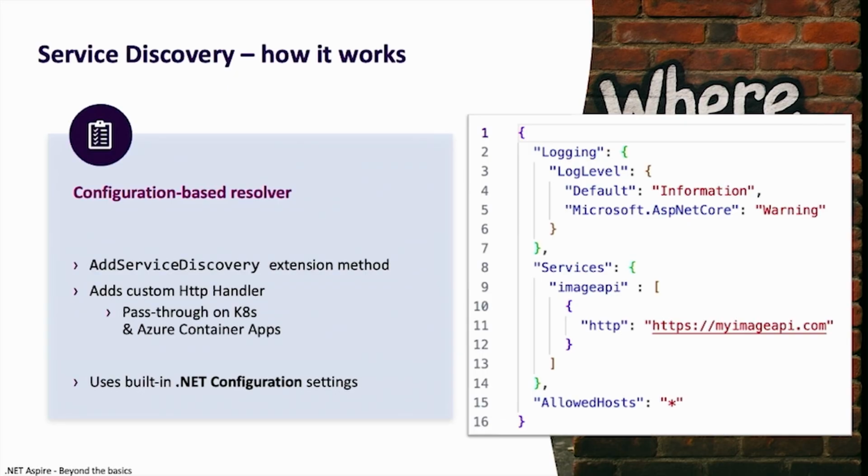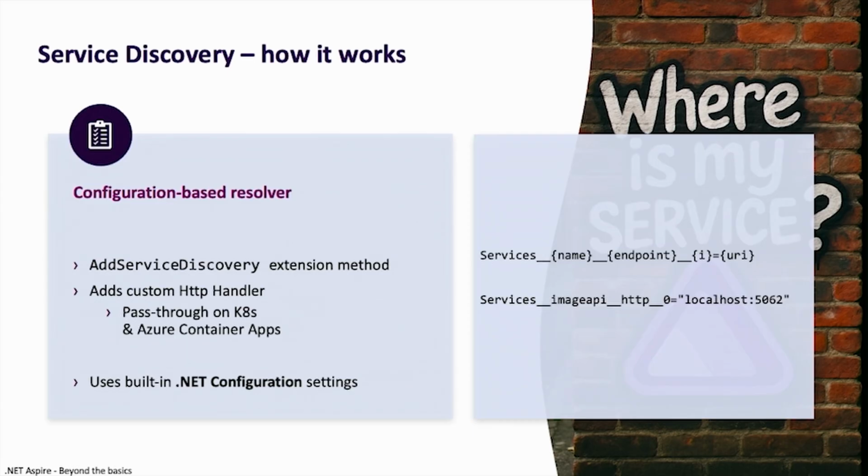A different way to do exactly the same thing is just by using a configuration file. So again, you have a services section, you have the name of the thing that you want to be resolvable, and you have a named endpoint and an address. And the nice thing of this approach is that you can put a port number in as well.